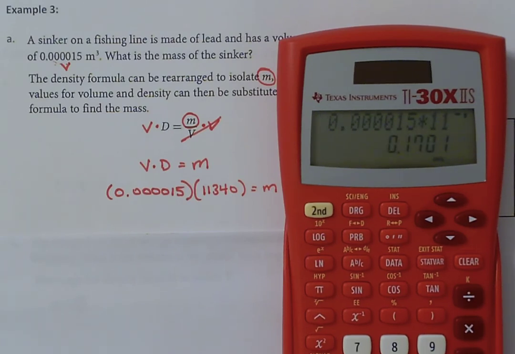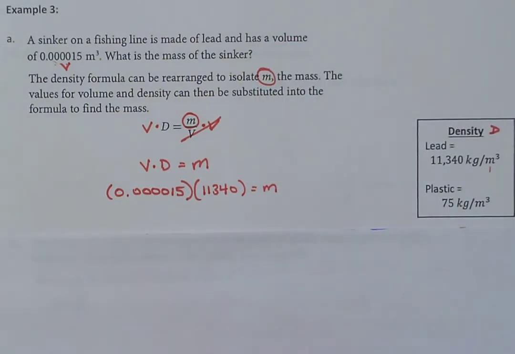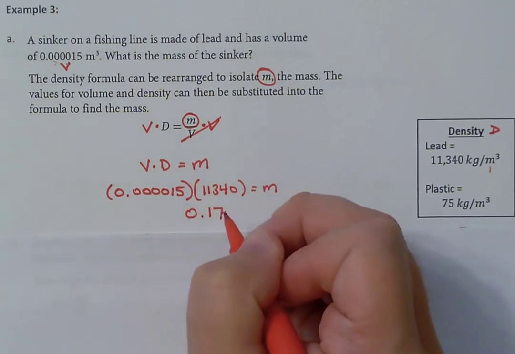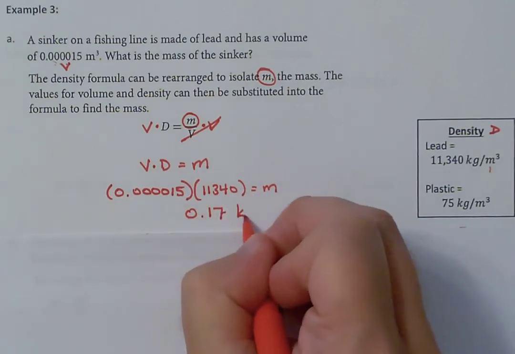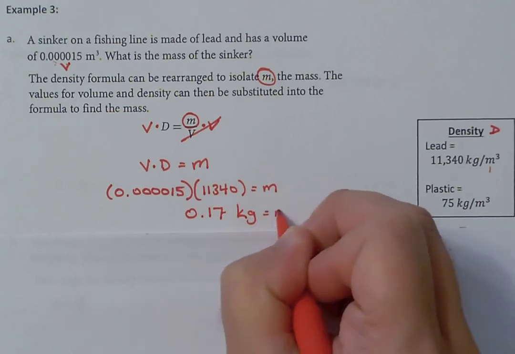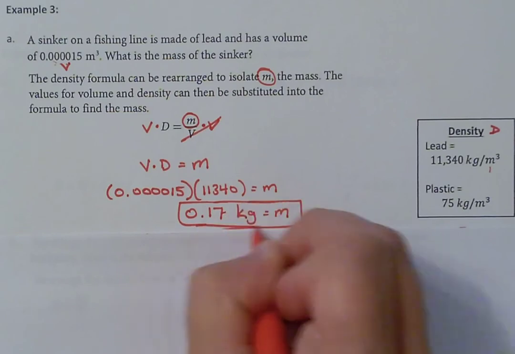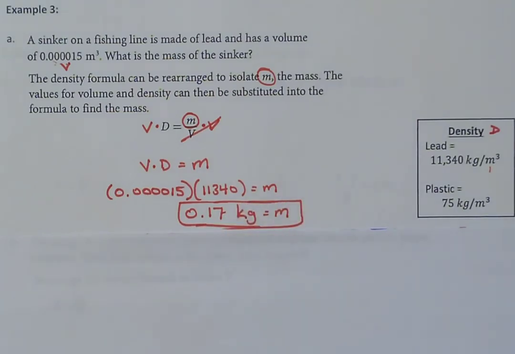And we're going to end up with 0.1701. I'm going to round to 2 decimal places. So then I get 0.17. Because we're talking about mass, we're going to have kilograms for the mass of the sinker. And that is your answer for example 3, part A.